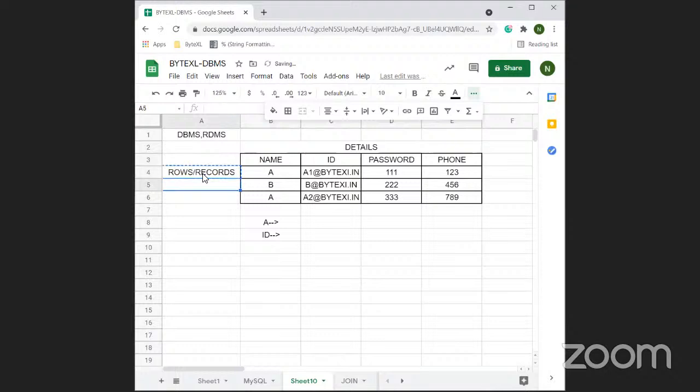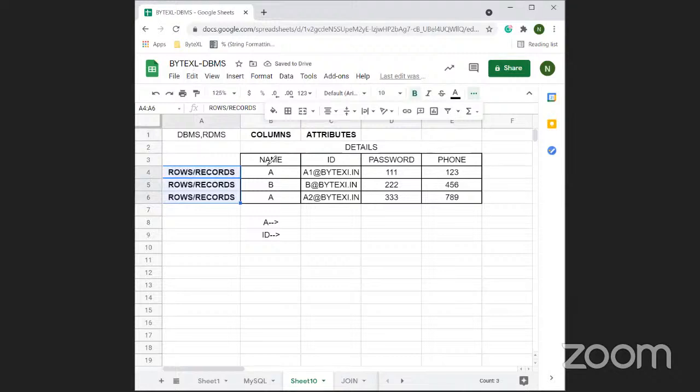All the same thing. Then these are called columns or also attributes. You need to remember these names as well for DBMS.